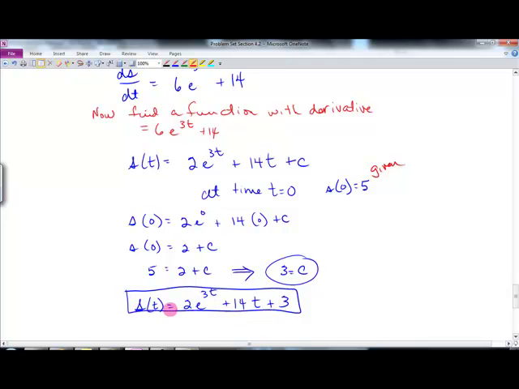So our position function would be this right here, 2e to the 3t plus 14t plus 3. And there we go. That's our position function. So what you're really having to do is think about getting from a derivative up one level and thinking about, well, what did I have to do to get down? So it's really a thinking process.